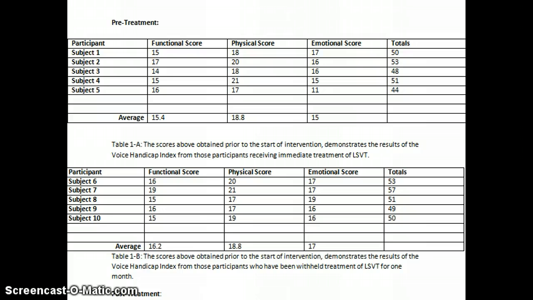Subject 4, we have functional score of 15, physical score of 21, and emotional of 15 for, again, a moderate severity level. Subject 5, we have functional of 16, physical 17, and emotional of 11 for a score of 44, which is actually just going to stay mild for that. And then at the bottom you can see just the average of what everybody averages together. That's more looking at them as a group.